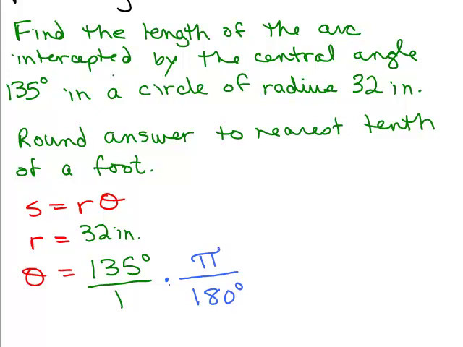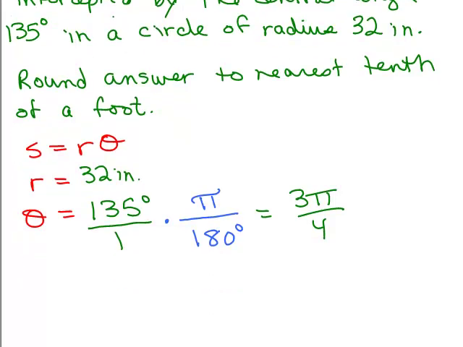And now we're going to have to simplify this. I'll let you do that on your own, but 45 goes into both of those numbers, and the degrees cancel, and you end up with 3 pi over 4. Now if you're having trouble reducing fractions, you might want to practice that.